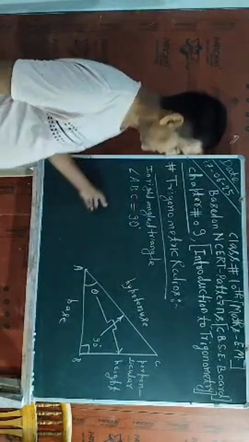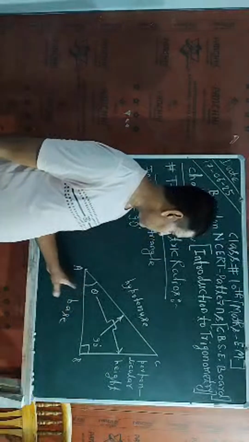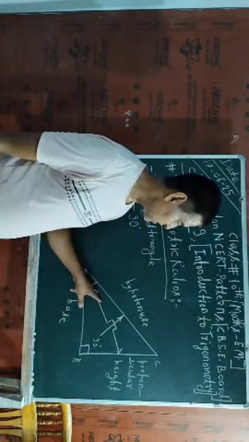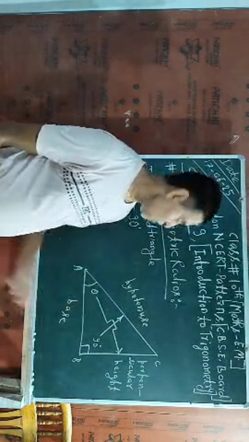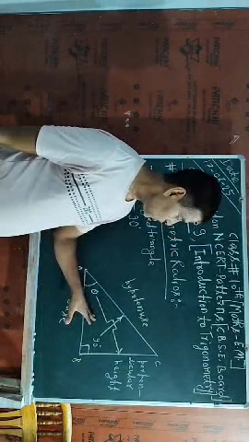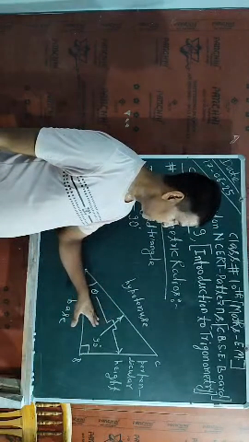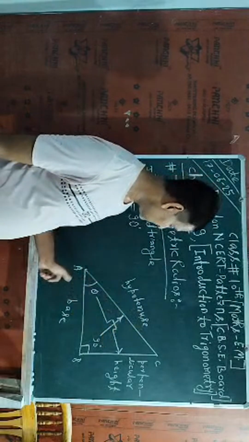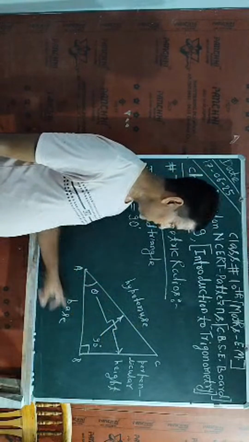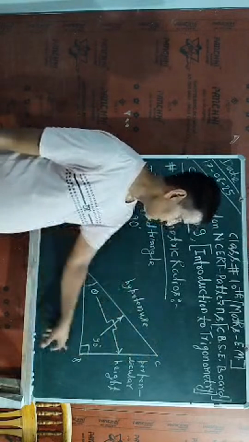So in this triangle I will use the trigonometrical ratio concept to find all the trigonometrical ratios in this diagram. This diagram is triangle ABC.